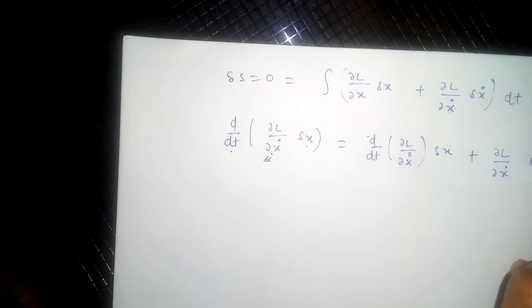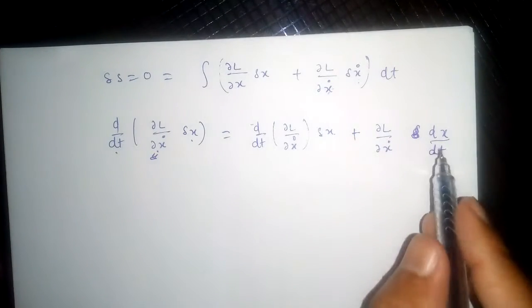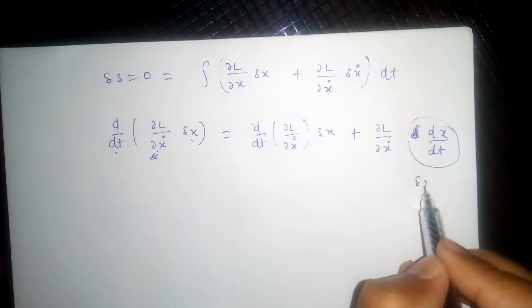I can write here d x upon dt, because delta and d by dt are both differentiations and we can interchange them. Then this quantity will be delta x dot.